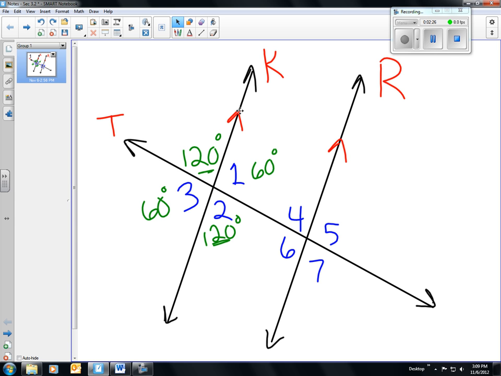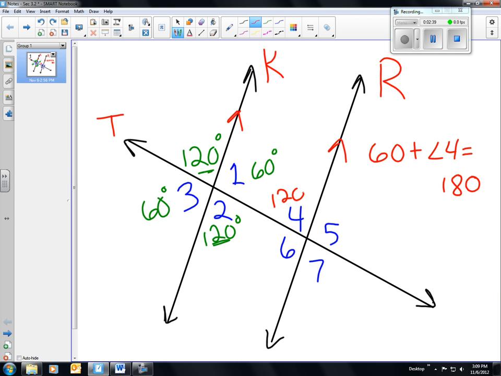So here, since I know that angle 1 plus 4 is going to be 180, I can say this: 60 plus angle 4 equals 180 degrees. And therefore, then I can say that angle 4 is 120 degrees. And then I could use a similar concept here with angles 2 and 6.